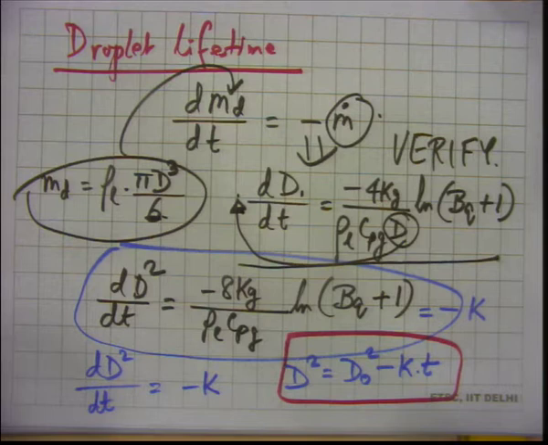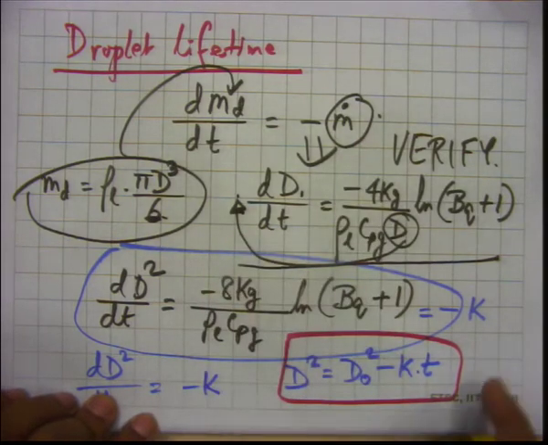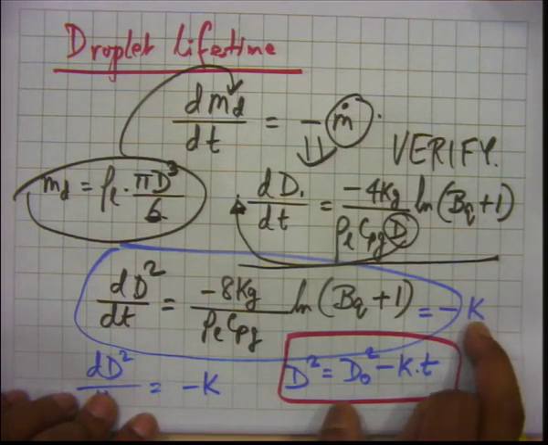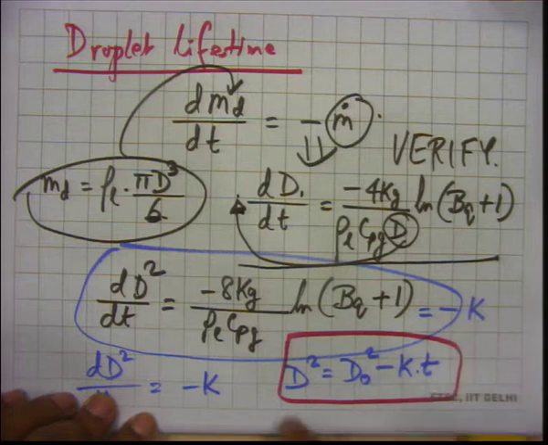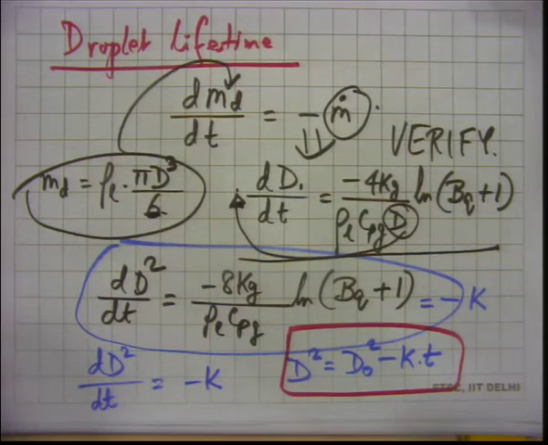This is good because it tells you that if you can find out m dot, from that you can find out k, the evaporation constant. Then you can find out how the instantaneous droplet diameter changes, because the droplet is bigger, then it keeps getting smaller.